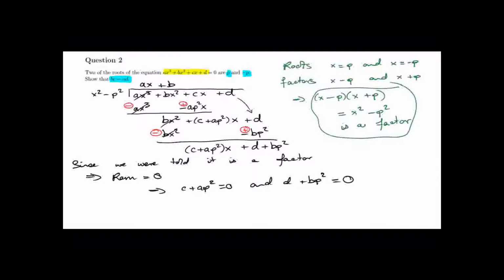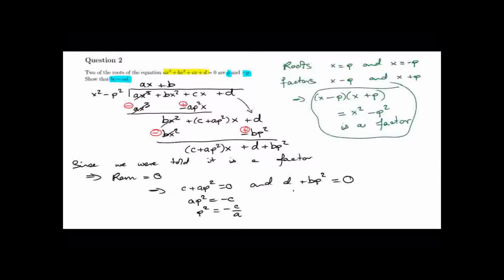Now remember, we're trying to prove that bc is equal to ad up here. Okay? So from this one, I can see that c is equal to ap squared. Sorry, c is equal to minus ap squared. So ap squared is equal to minus c, if we go that way about it, which means that p squared equals minus c over a.